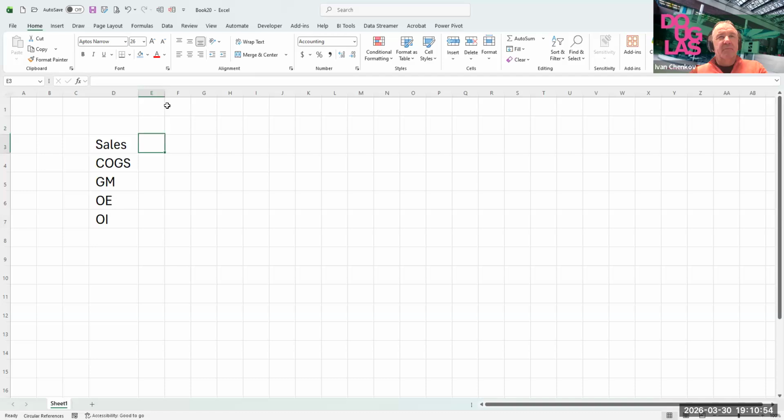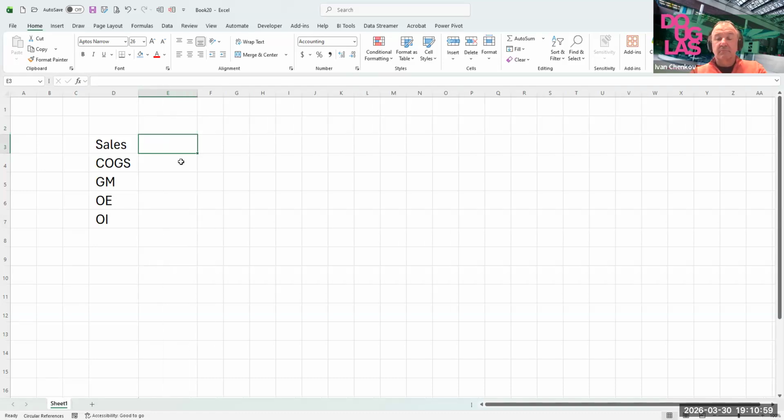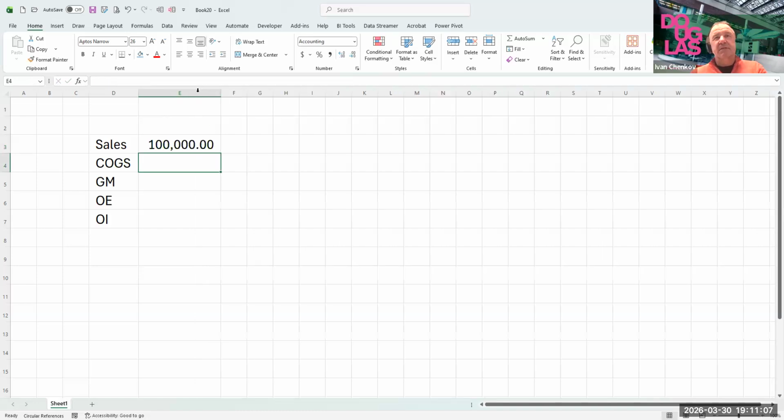Now, in one company, the sales are 20,000. No, sorry, $100,000 in sales. That's how much they generate. It's a local grocery store generating $100,000 in sales per year. Cost of goods sold for this company is 20,000, so that gives them a gross margin of 80,000.